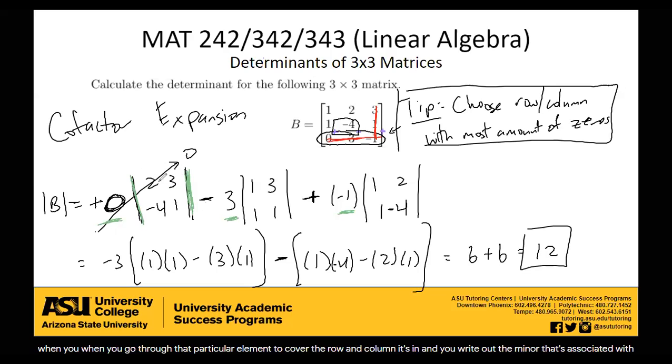And then the last thing you have to do is you have to figure out the sign associated with it, whether it's plus or minus. And the top left corner is always a plus, and then it just alternates throughout the rest of the matrix. So you just do that for every single element in the row or column that you chose, and then you have to simplify and simplify and simplify until you get your final answer of 12.